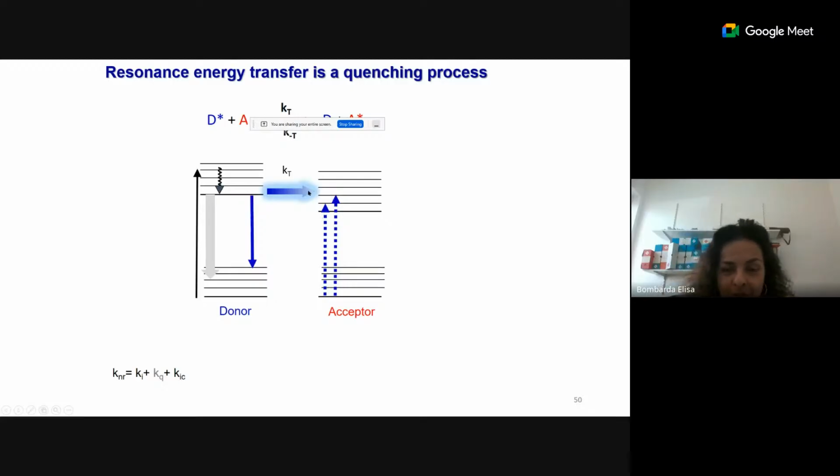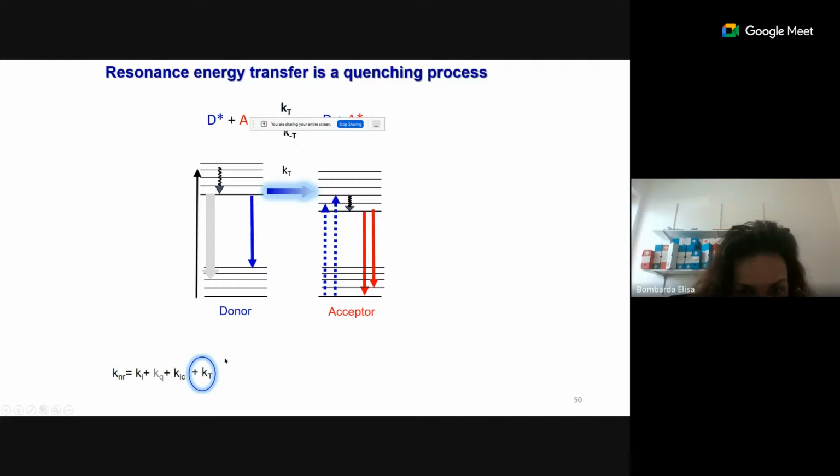That is with resonance. And so you see there is another pathway for this excitation, and I took out some arrows from here to put this one. And then there will be the emission of the acceptor.